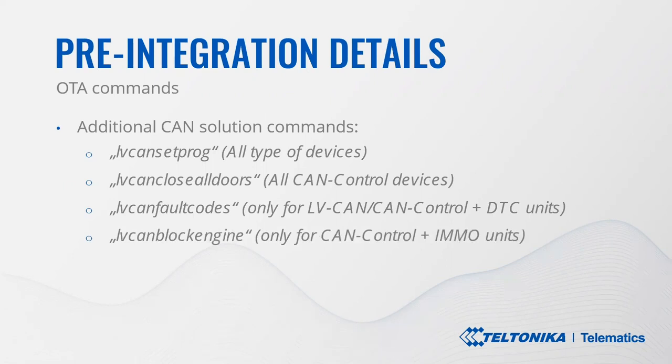We also have lv-can block engine only for CAN control plus IMO units. And there are other commands that are, of course, listed in our Wikipedia, so make sure to check the information there and proceed with the application of the commands.